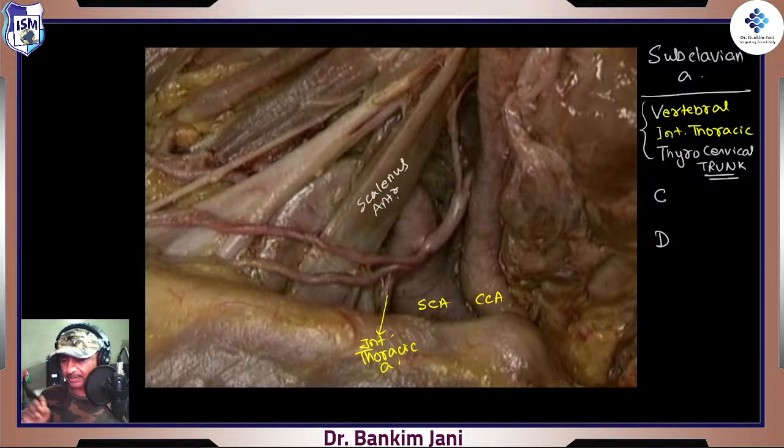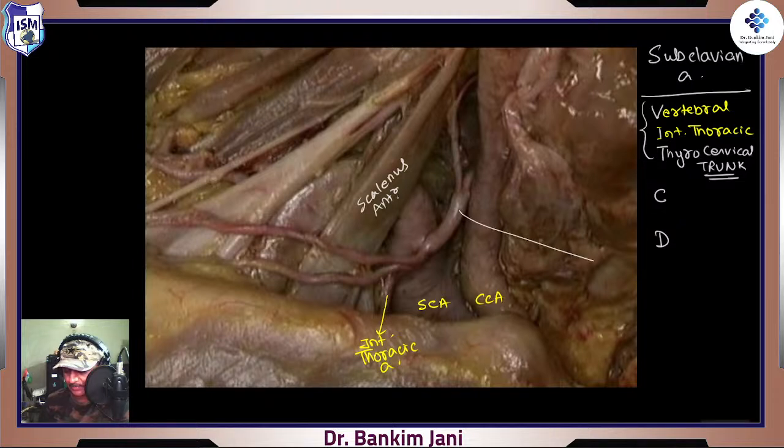So the moment trunk comes, be ready that there will be 2-3 branches coming out. So over here, from the thyrocervical trunk, the first thing we said, this is thyroid, so let's give one branch to thyroid. So that becomes easy.